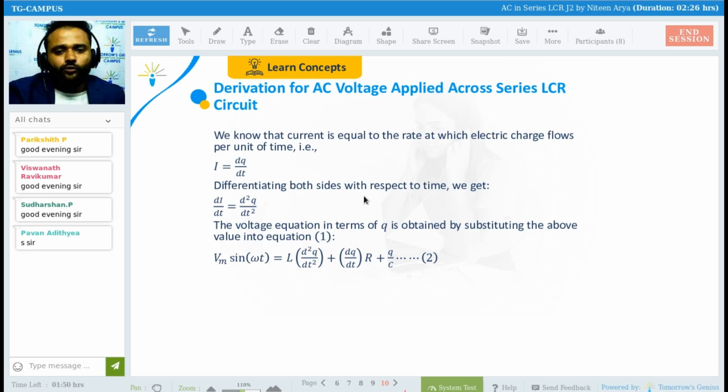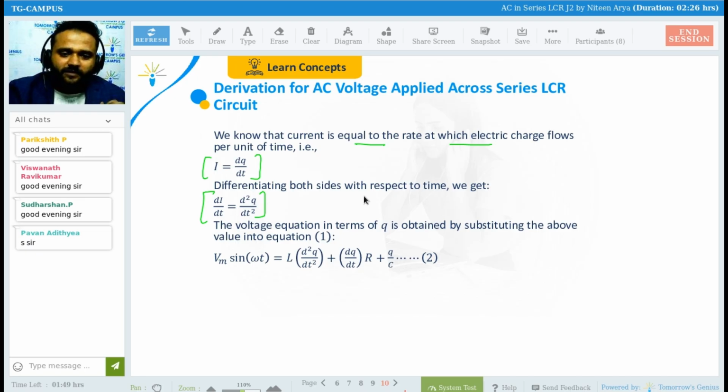Going ahead, we know that the current is equal to the rate at which the electric charge flows per unit time, that is I equals dq by dt. So differentiating both sides with respect to time, we get di by dt equals d square q upon dt square. Clear? So now we have di by dt and we have I also. We put everything into the form of q.